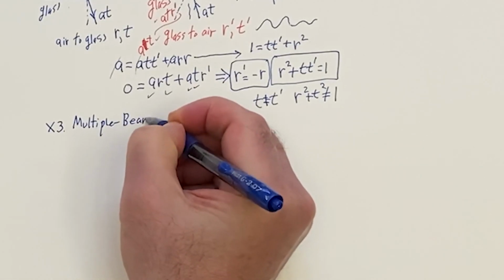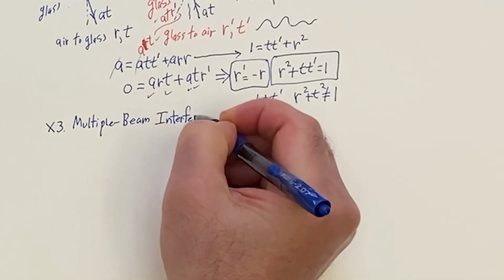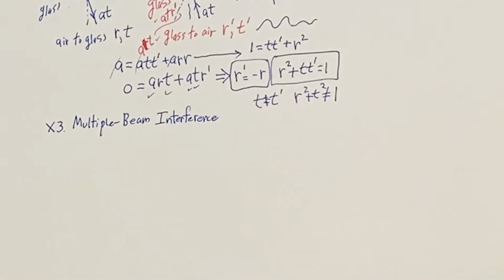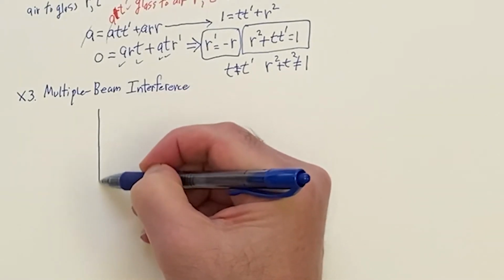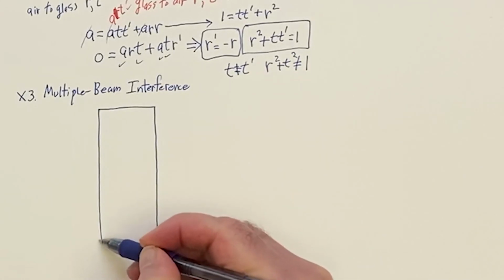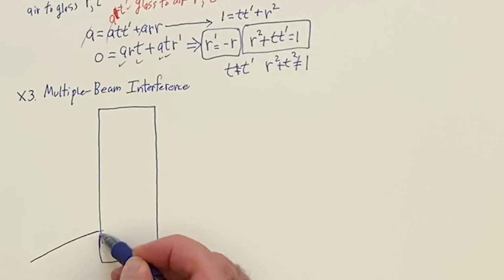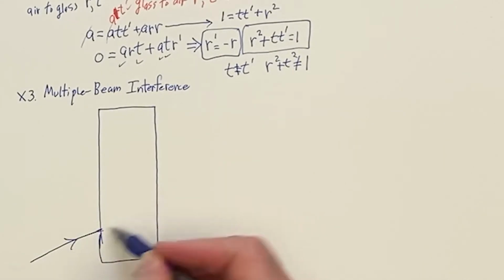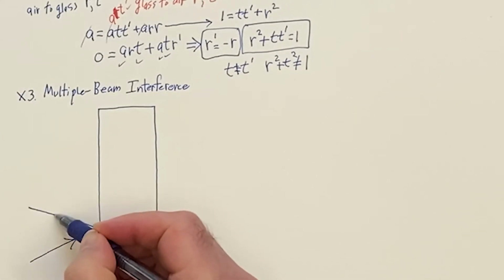Multiple beam interference. Now for multiple beam interference, what we're going to do is consider a slab, say glass or something like this, and we're going to send in a beam like this, and this beam is going to have some reflection and some transmission.